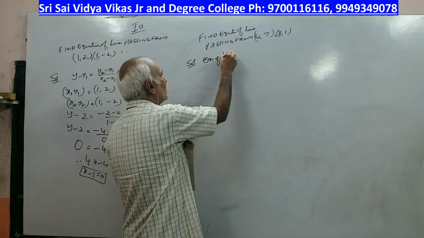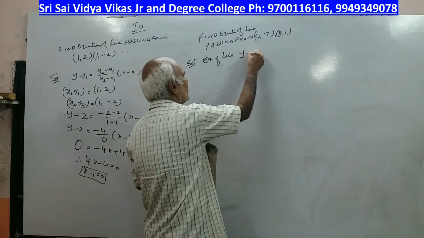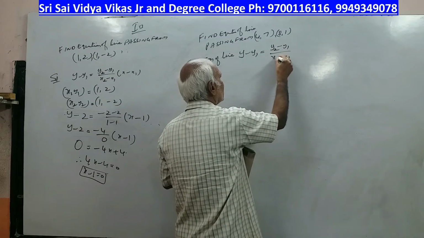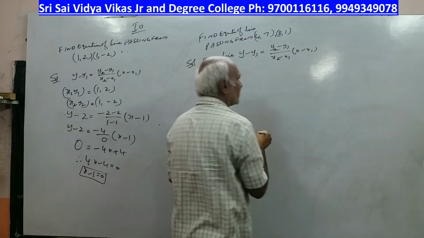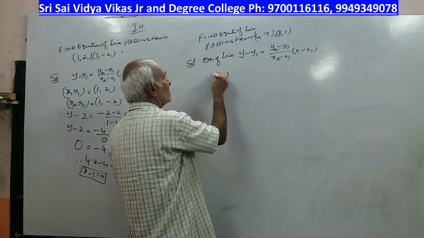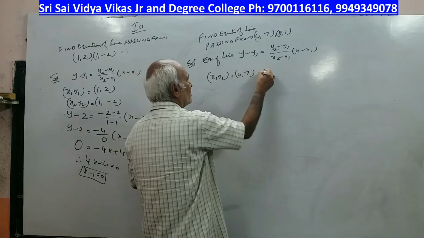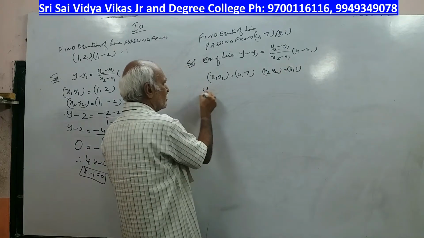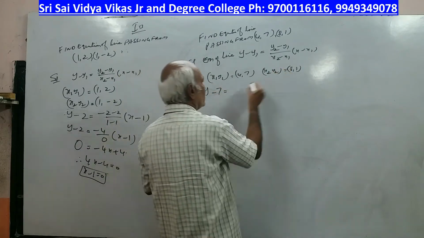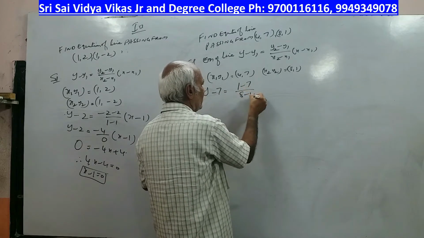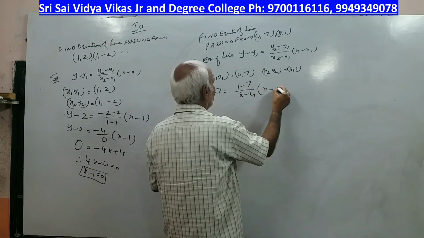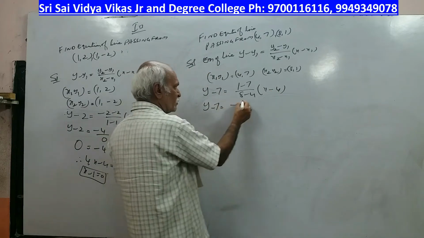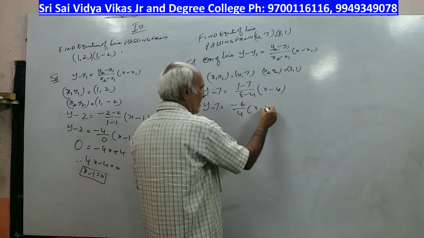Equation of the line is y minus y1 is equal to y2 minus y1 by x2 minus x1 into x minus x1. What is x1 y1? 4 comma 7, x2 y2, 8 comma 1. Put the values. Y minus 7 is equal to y2 and y1, sir? 1 minus 7 by 8 minus 4. X minus x1 is what? 4. Okay, so y minus 7 is equal to minus 6 by 4 into x minus 4.